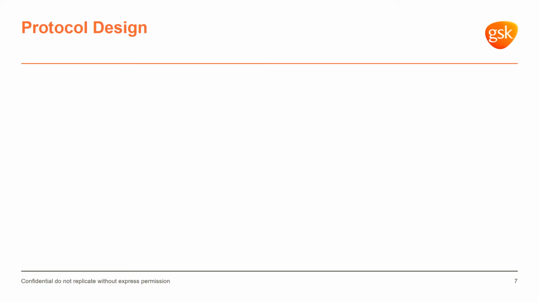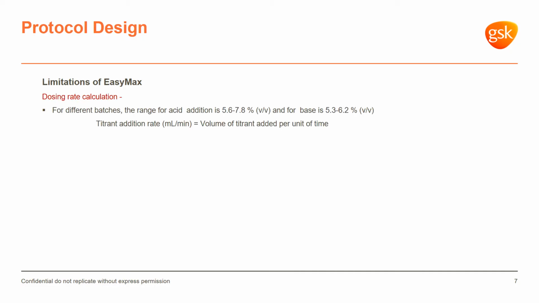Moving on to protocol design further, we had to account for the different limitations of the EasyMax system. We were delivering a fixed amount of acid or base over varying amounts of time. So the titrant addition rate, which is just described here as volume of titrant added per unit time, is different.